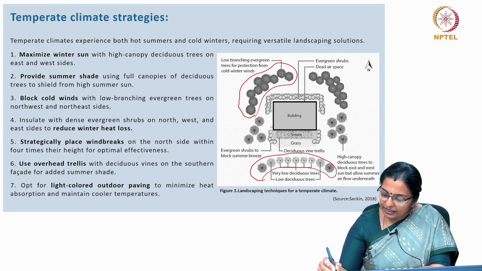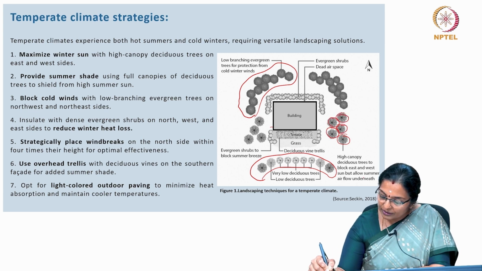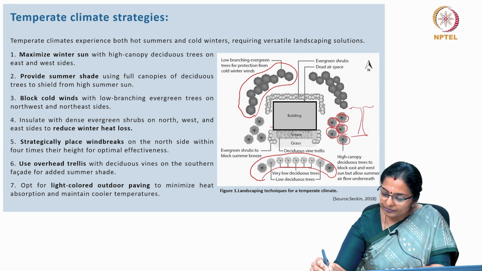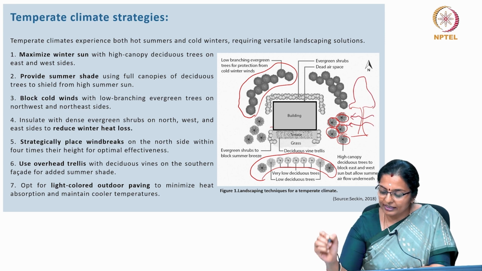High canopy deciduous trees must block the east and west sun, but because they are deciduous, they should allow summer airflow underneath, like this. The tree must be such that it should allow breeze underneath.